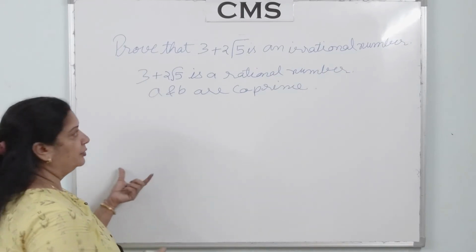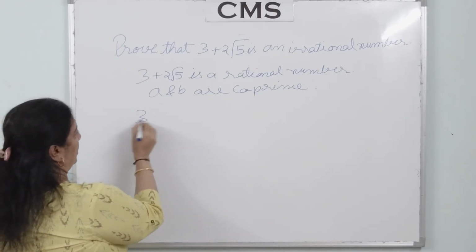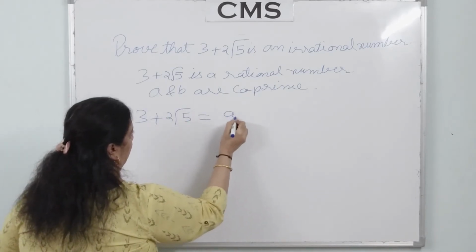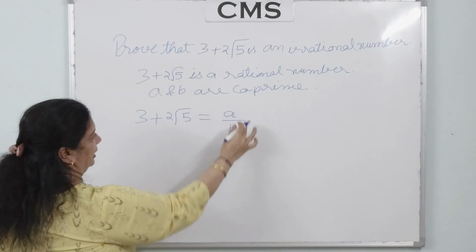So according to this, we will write 3 plus 2 root 5 is equal to A by B. That means we are assuming that this is a rational number.